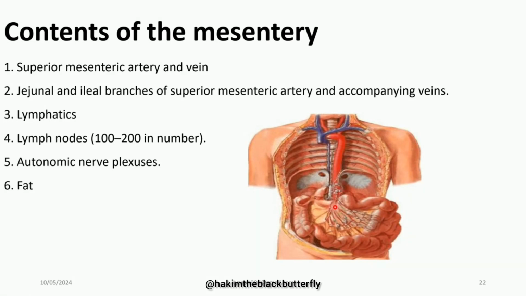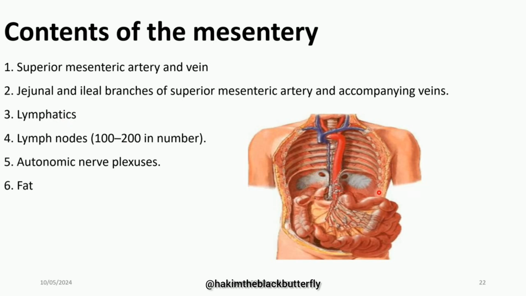Those blood vessels are specifically called the superior mesenteric artery. The superior mesenteric artery is one of the arteries that come off from the abdominal aorta and then go through the mesentery to divide into many branches, jejunal branches and ileal branches, that nourish the jejunum and the ileum. So all that will be going through the mesentery.